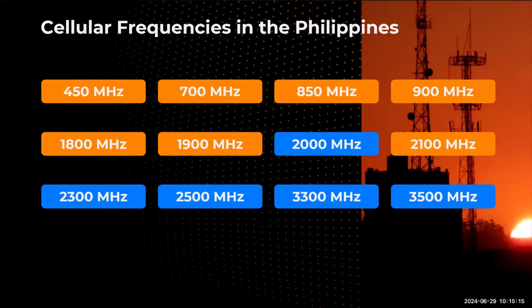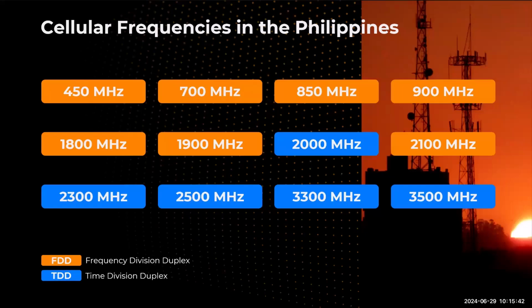We're just waiting for the frequency allocation from NTC, when they will award that. But in the meantime, ito yung ating mga frequencies, no? So the orange ones are the frequency division duplex, and the blue ones are the TDD or time division duplex. So if you see those frequencies, 700 is FDD. So you have a separate frequency for uplink and a separate frequency for the downlink.